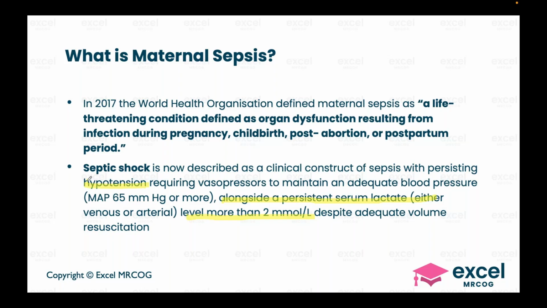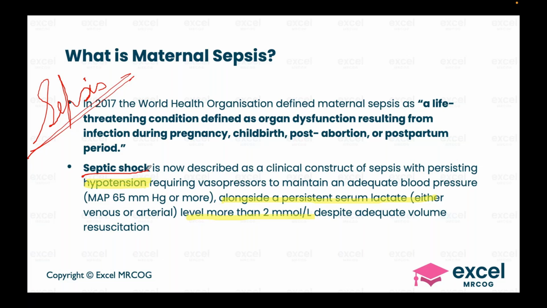Okay, so these are the two terms, sepsis and septic shock. So you have sepsis, which is a multi-system problem because of infection, and septic shock, which is basically hypotension which is refractory to treatment. So this is something that you must remember.